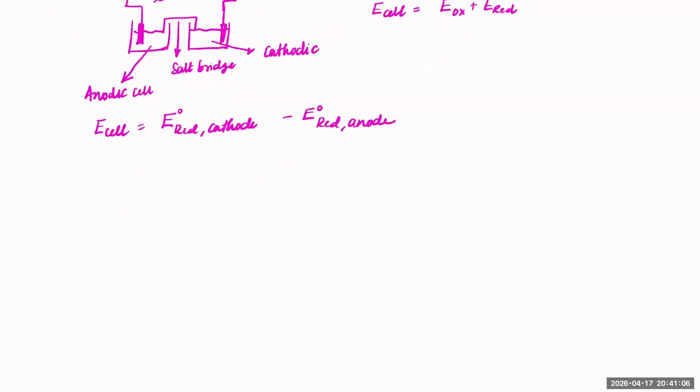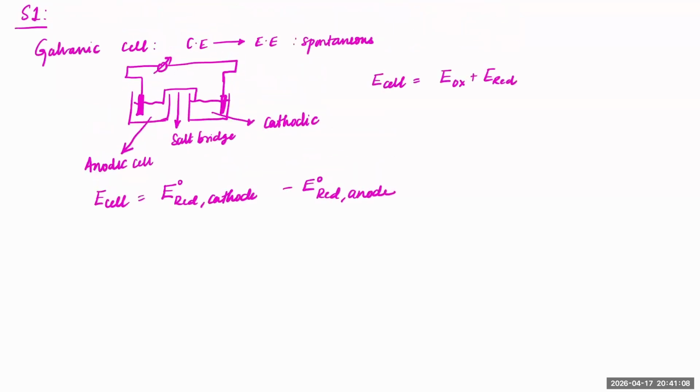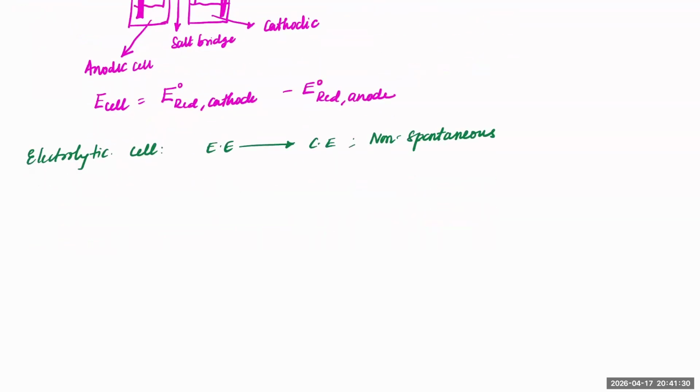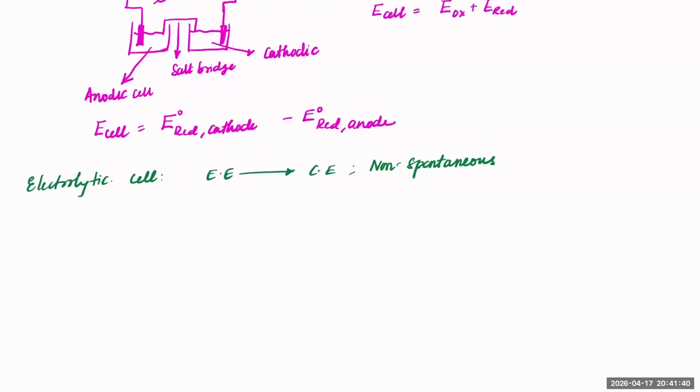Then we learned that there is electrolytic cell where an electrical energy is being supplied to carry out certain chemical reactions, and this is a non-spontaneous change. We are trying to make a non-spontaneous change into spontaneous form or a possible chemical reaction by using electrical energy.